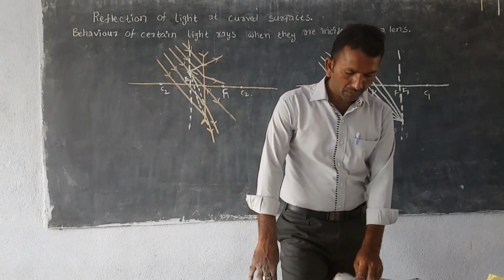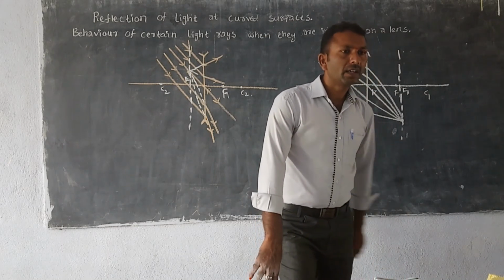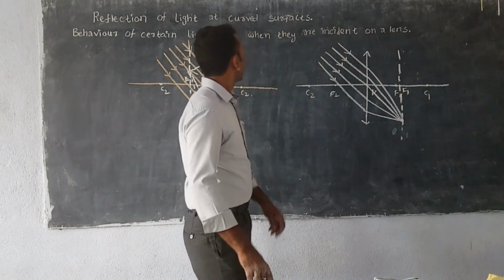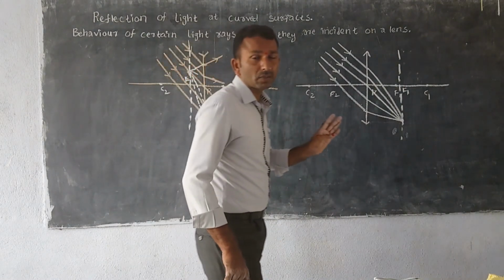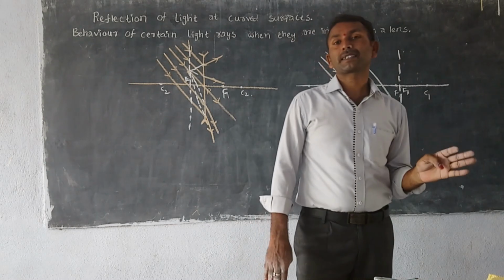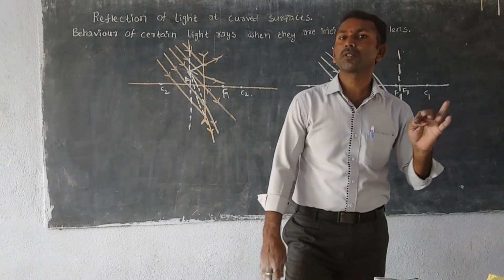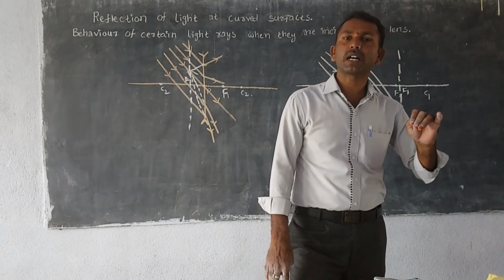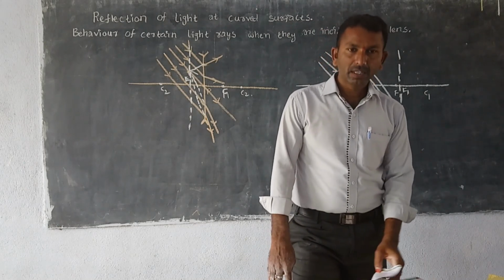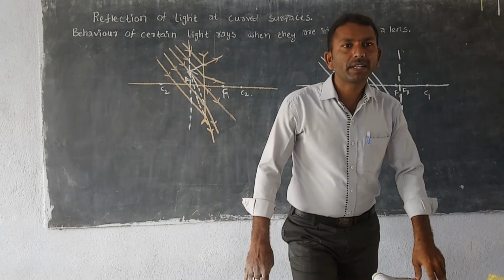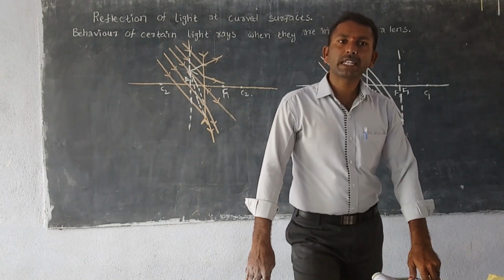Observe the following. These are the lenses and the behavior of certain light rays while going through the principal axis, going parallel to the principal axis, going through the focal point, going through the optic center, and how each behaves. And the next topic is where we keep the object.